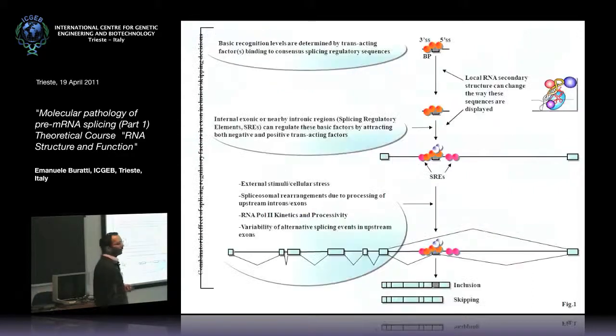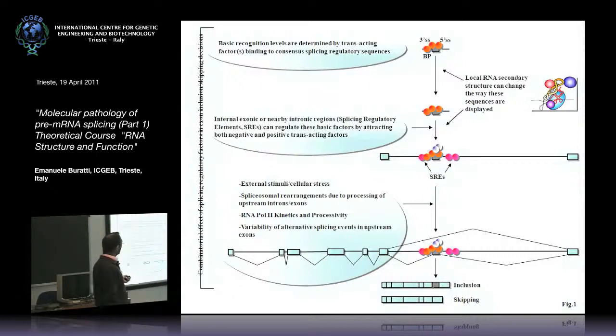In practice, what you now know is that recognizing the introns and the exons is a very complex process. Not only are the basic consensus splice sites important, but there is also a whole series of factors which act sequentially and combinatorially to decide whether an exon will be included or not in the final transcript.